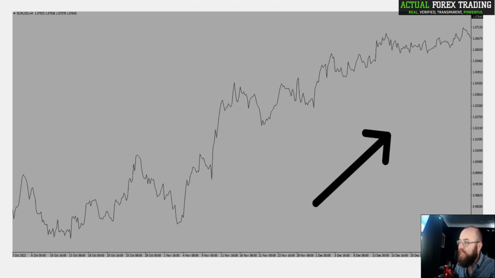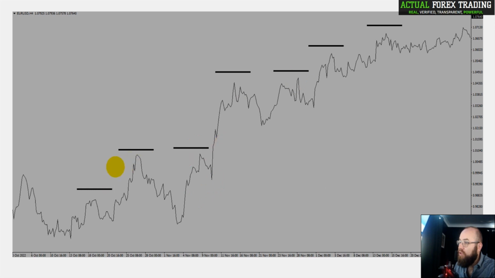So if we look at these waves again, we have a wave up, a wave down, a wave up, a wave down. Every time we form these peaks or new highs or swing highs, these highs are higher. That's one of the main characteristics of an uptrend: every time price peaks, when it starts to come back down again, it's higher than the previous peak.